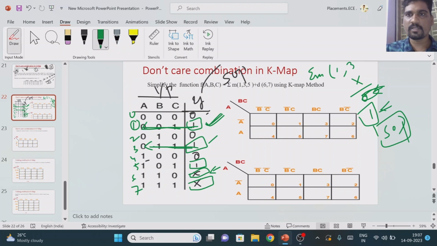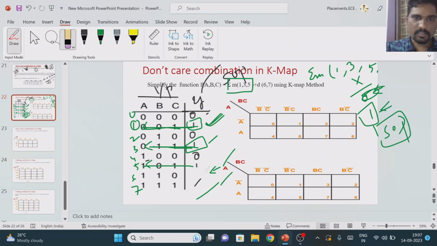We are just writing the minterm, meaning the input value. 1, 3, and what is this value? 5 is the value. 1, 3, 5, then these are not the SOP function, guys. These don't cares are not the SOP function, right? So the direct ones we represent with 1, 3, 5. Now these crosses also we need to consider, right? Why do we need to consider these crosses?